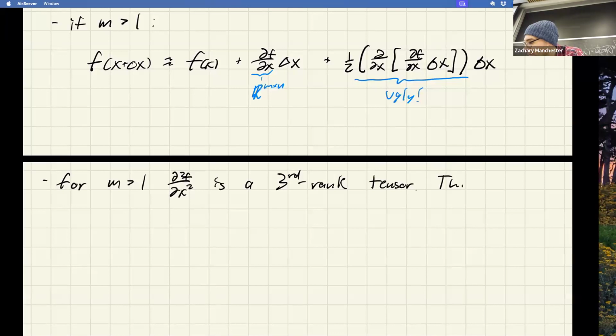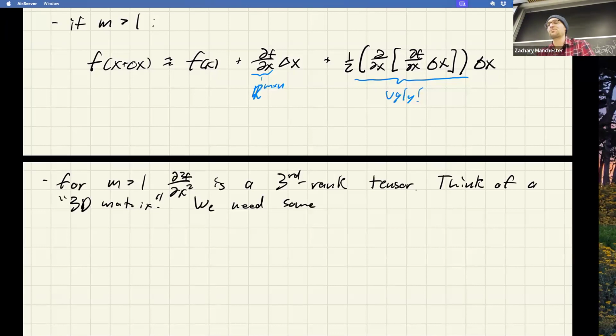You can think of this as a 3D matrix. And basically, I'm going to show you some tricks for dealing with this in a standard matrix-vector setting.